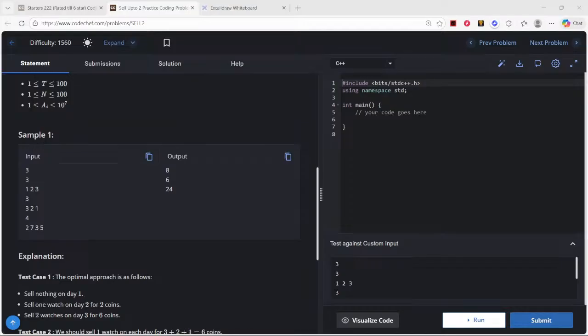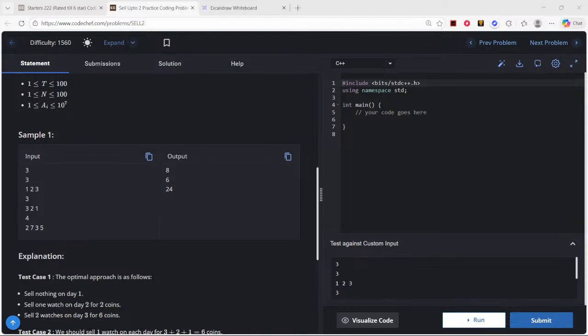Otherwise, if w is equal to 0, then w minus 1 will become negative, and that is not possible. So w must be positive for this transition. And overall time complexity is like n squared, right?